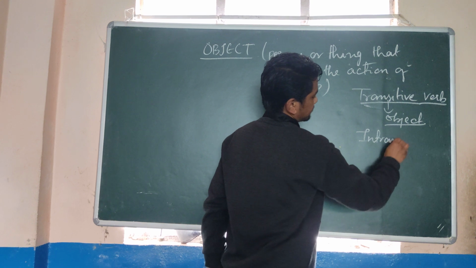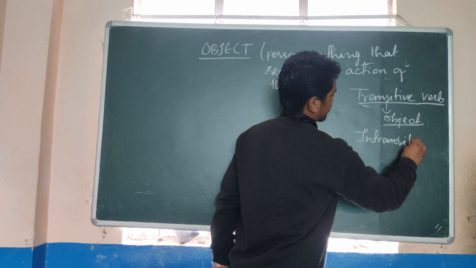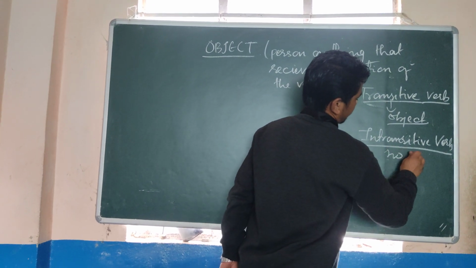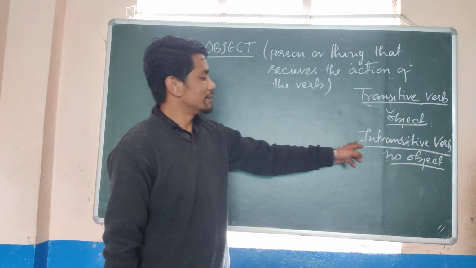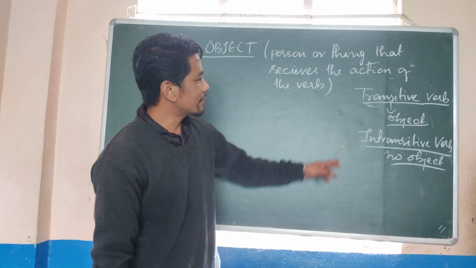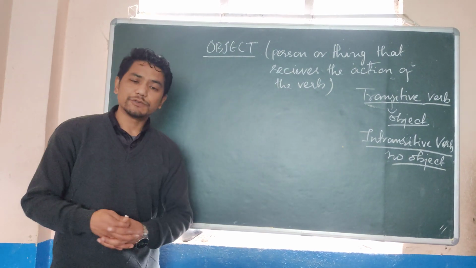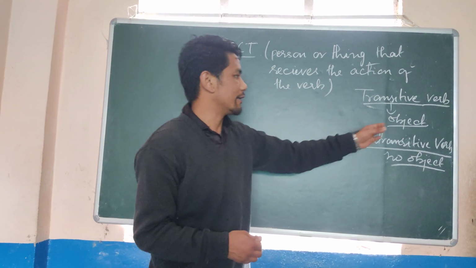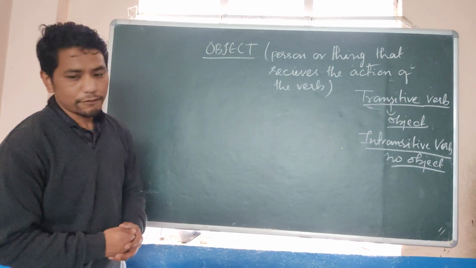Intransitive verb, no object. So with an intransitive verb there will be no object, whereas with a transitive verb there will be an object. All the sentences we are going to discuss today have transitive verbs, because they are going to have an object.